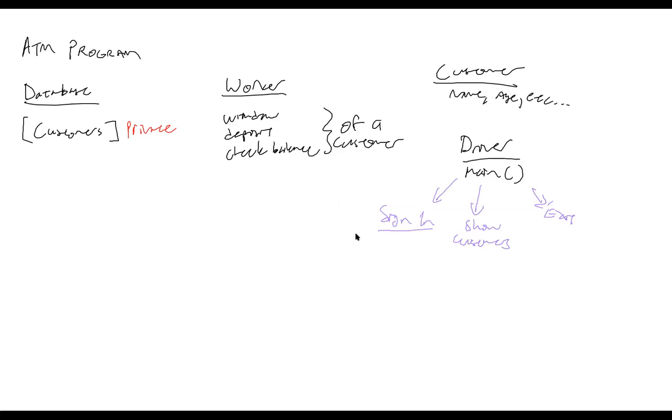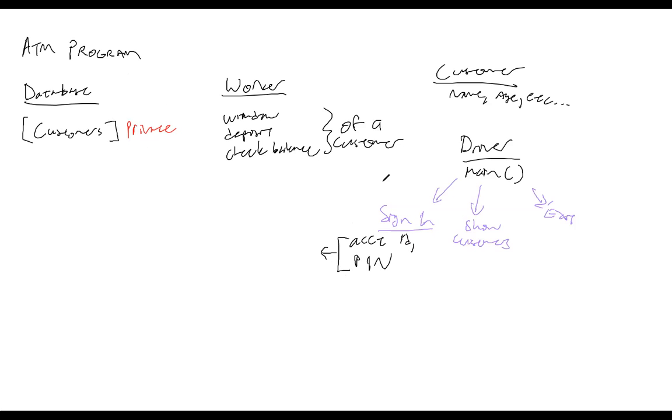For the sign-in, we need to get the user's account ID and their PIN. We're going to get these two pieces of information from the user, and we need to find if they exist in our customers list. Well, our customers list is stored in a database, but the array itself is private.